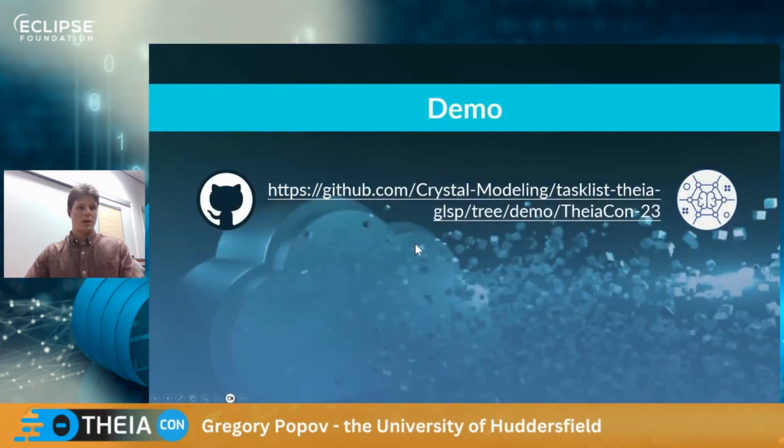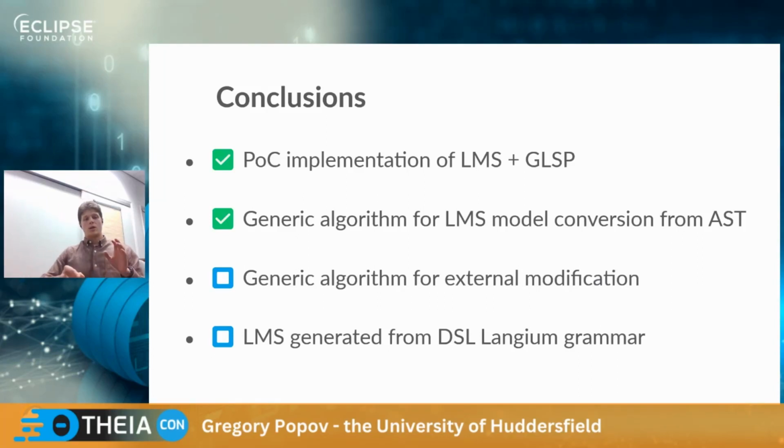So this basically concludes my demonstration. Let's sum up. What is done? First, I implemented the proof of concept model with a task list language designed for task list notation for GLSP, and connected the language server with the graphical language server, so that now we can edit either representation independently, and they will be fully synchronized bidirectionally.